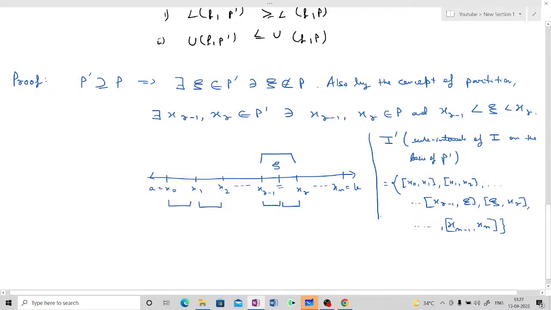And what are the sub-intervals of I we have?